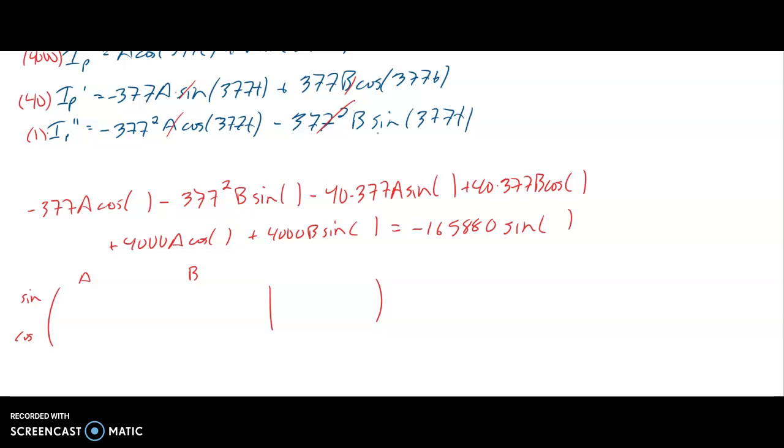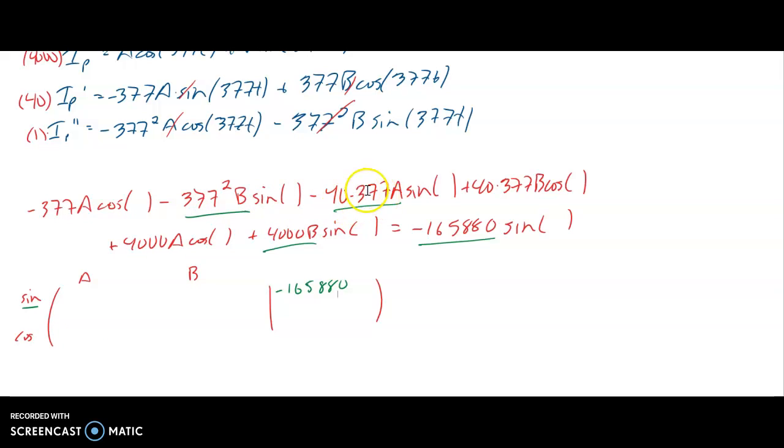So let's start with things. Let's see colors here. I'm going to do my signs in green. So that gives me this, and this, and this, and that one. So I get a negative 165,880 over here for the right side of the sine line. All right, A coefficients.